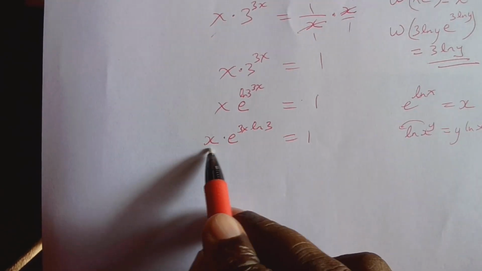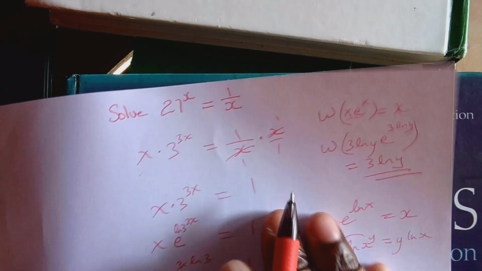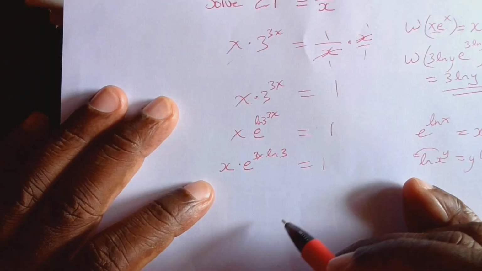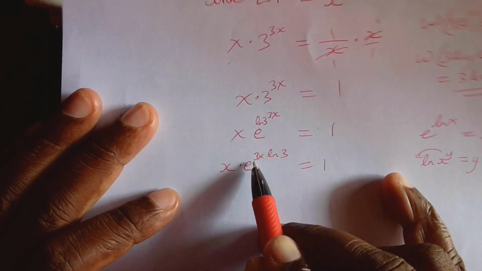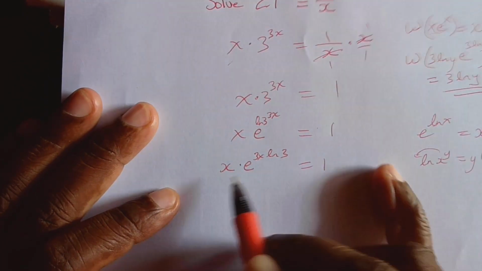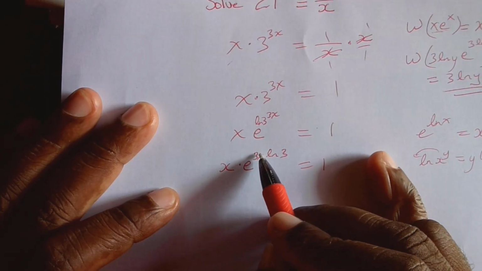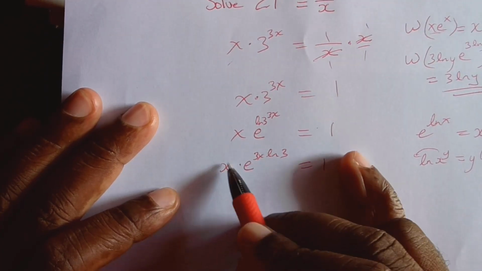Alright, so now that we have this, remember our goal is to get this format. So let's do that. The quantity that I have here, I do not have it here. However, notice that the x here is here already.